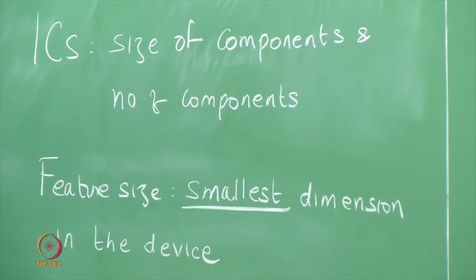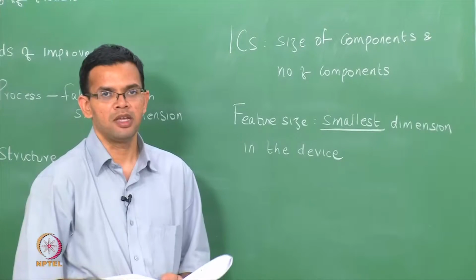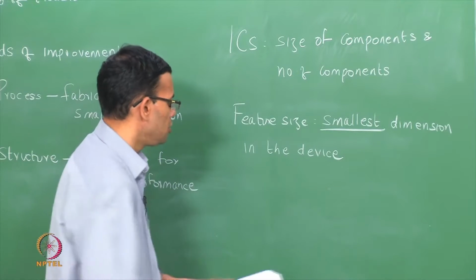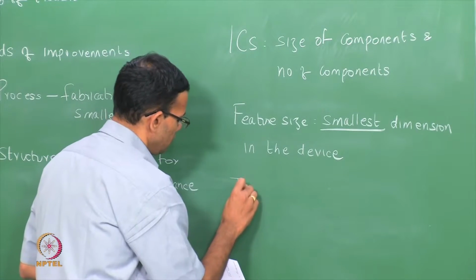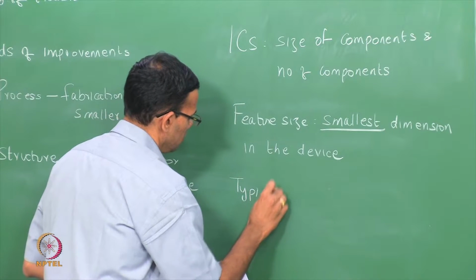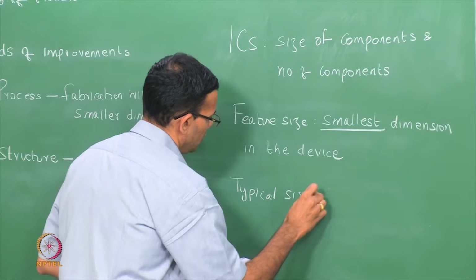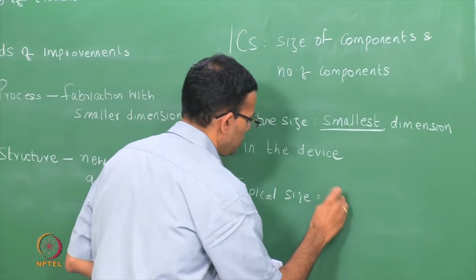So usually this is taken as the distance between two gates when you are thinking about transistors that are fabricated in a wafer. So typical feature size now is around tens of nanometers.